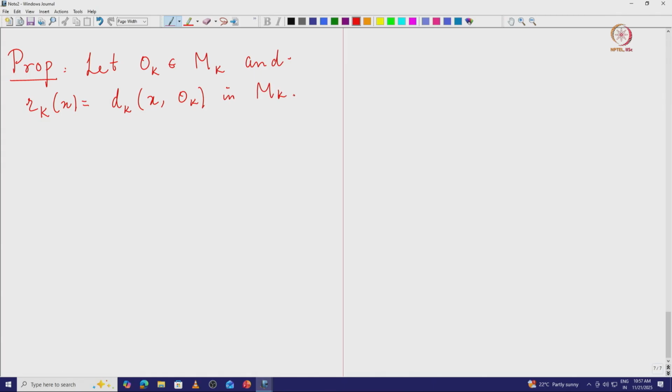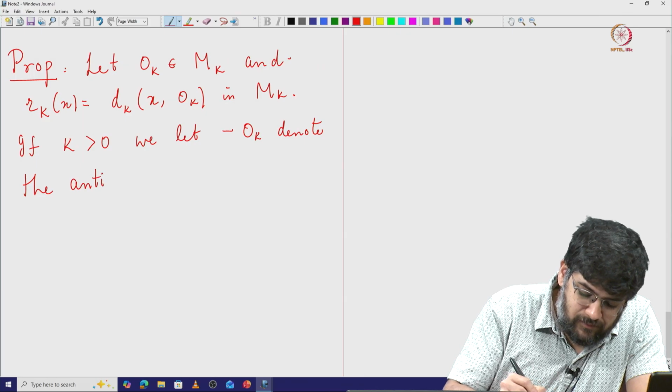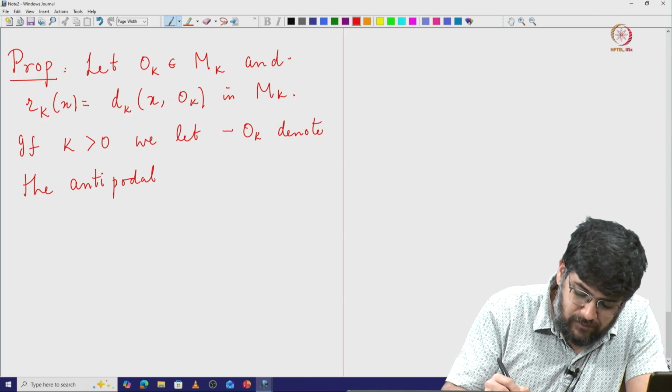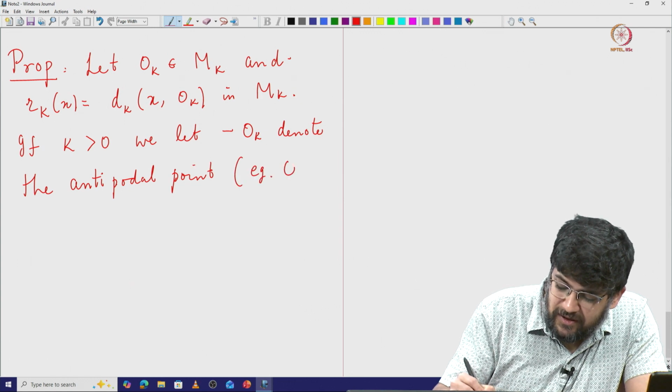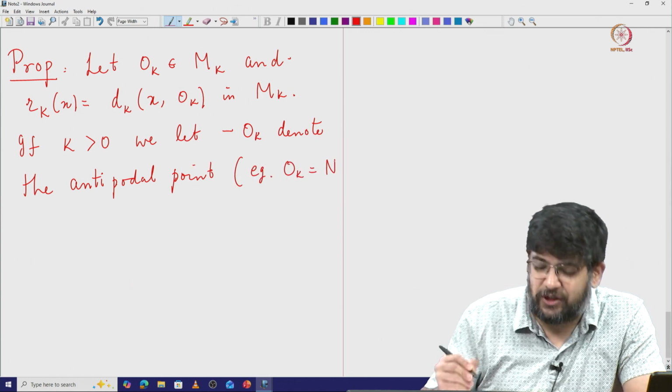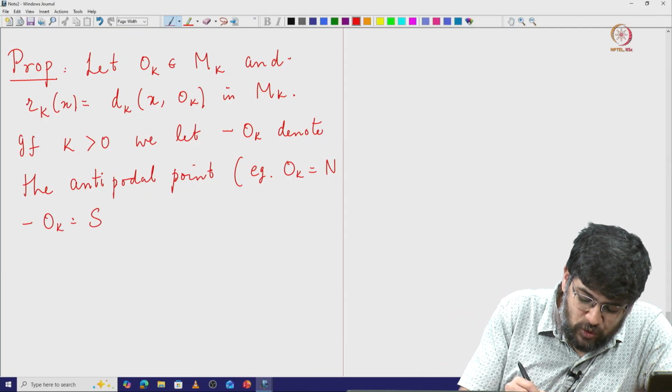Okay. Also, if kappa is positive, so that means we are looking at really a round sphere, we let minus O kappa denote the antipodal point. So, for instance, one can just take O kappa to be the north pole, and then minus O kappa is basically going to be the south pole. Okay.